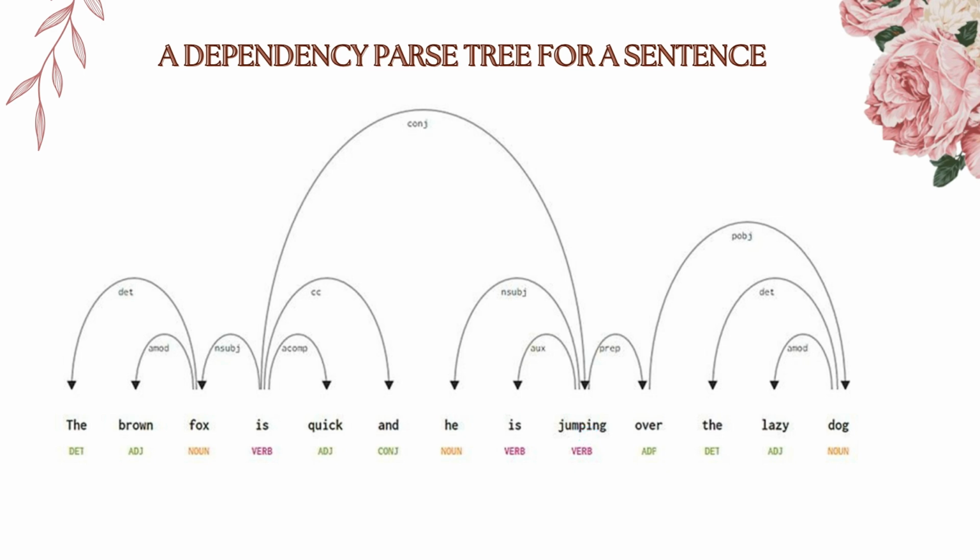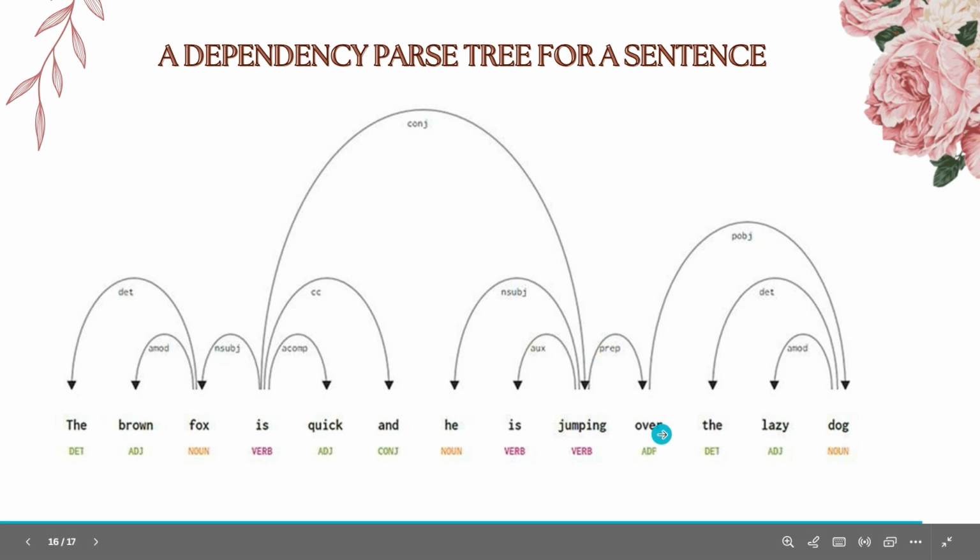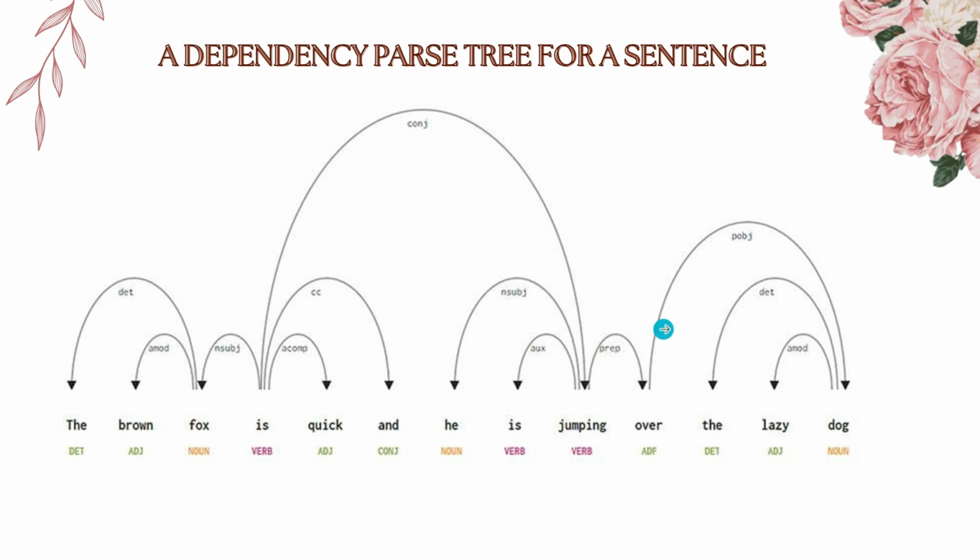Then the last one is POBJ, which denotes the object of preposition. This is usually the head of a noun phrase following the preposition in any sentence. In this example, over to dog. This dependency is called the POBJ tag.